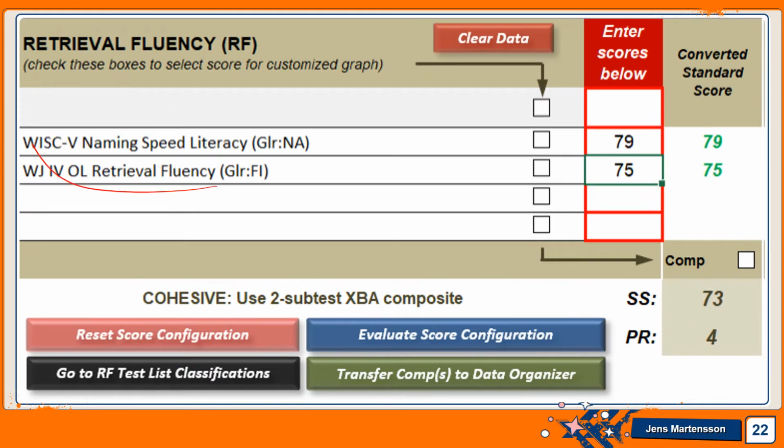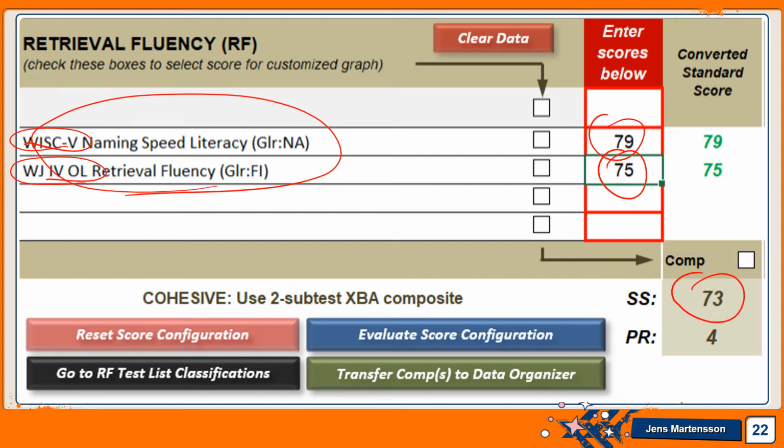And then I gave naming speed literacy from the WISC and the WJ oral language retrieval fluency. I didn't give only the oral language composite; I actually cross-batteried on that. And I got a 79 and a 75, wow, and a 73 composite. So that's really low, right? That's a deficit, there's no question about that. So this child can encode, but he cannot retrieve information.